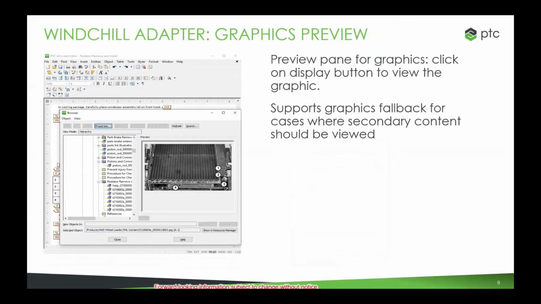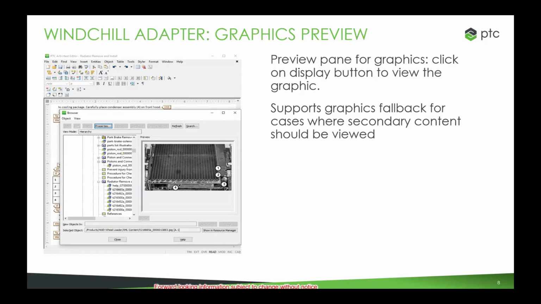The next request that we had was for a graphics preview in the CMS browser. We had previously a graphics preview in the DITA Resource Manager, but not for customers that were not using DITA. So now in the CMS browser, when you land on a graphic, you'll get this preview pane to the right, and there's a button.